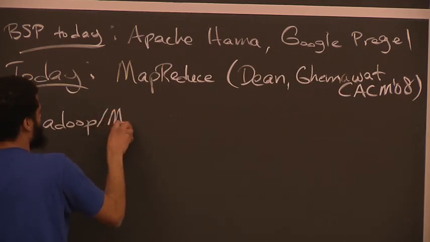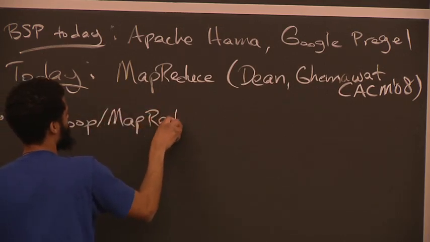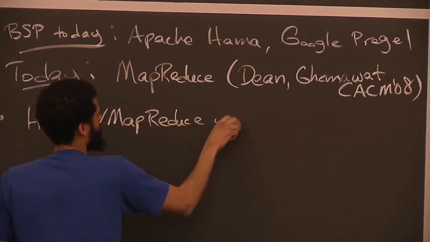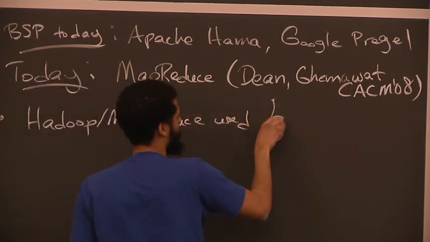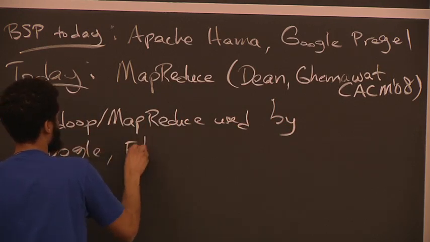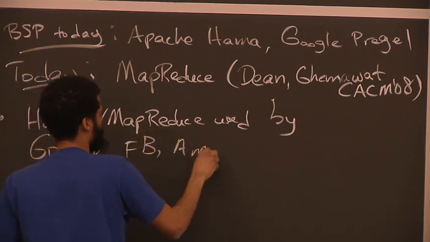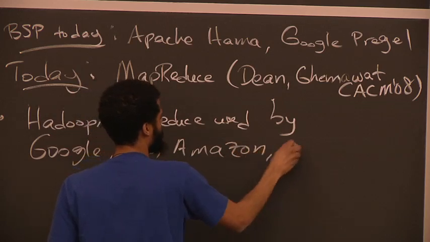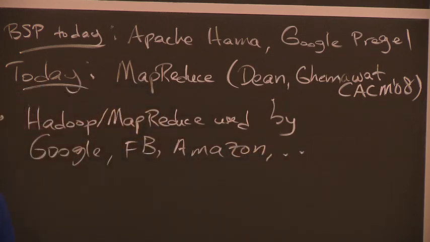And these two systems are used by Google, Facebook, Amazon, you name it. There are tons of places where this thing is used, so it's widely prevalent.